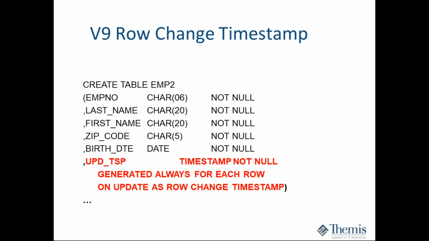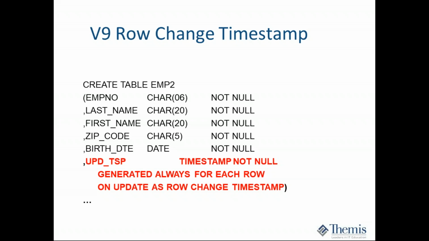Okay, here we go. Row change timestamp. This is an awesome application design. There's nothing more frustrating than being in a meeting and people trying to figure out how some data got changed and everybody saying, I didn't do it, I don't know what happened there. Let's at least get a timestamp on when a row had changed.